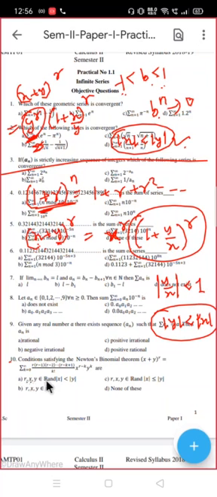For all real x, y and mod x is less than y. I have seen a condition in which mod x less than y comes up, but I need some condition on y also. y cannot be any number. If y is any number, then this will be divergent. y raised to r will be divergent.